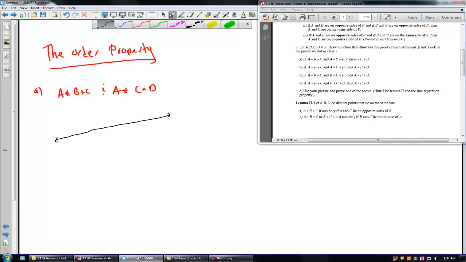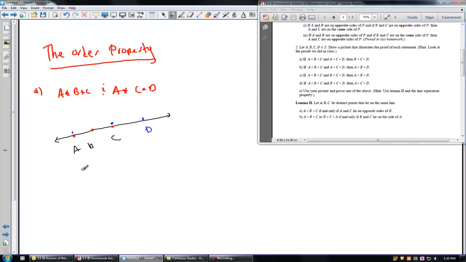what we have is A, B, C. And we also have A, C, D. And we want to show, what do we want to show?